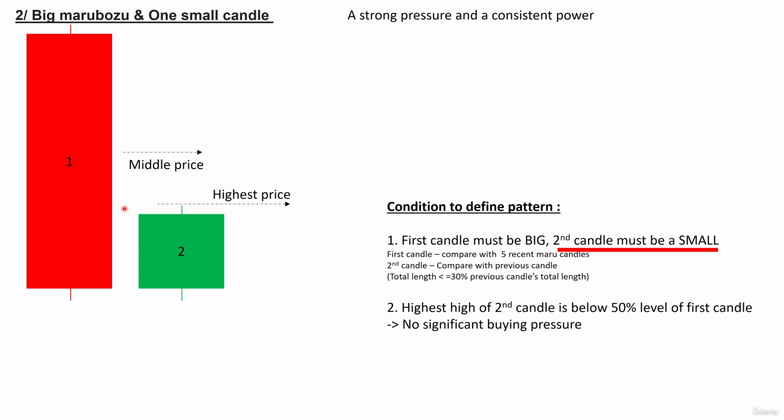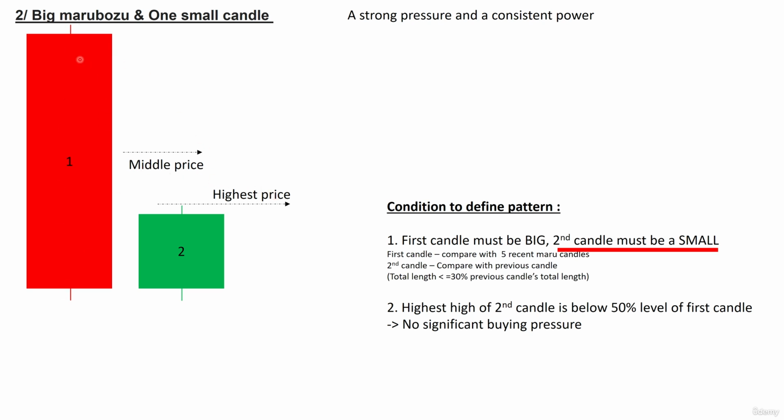To confirm that, even though we have buying pressure inside the second candle, because you can see the green color right here, the buying pressure inside the second candle is very small and we can skip it because you can see the total length right here is pretty small, right? And the next one is also the same. The highest high of the second candle here is always below the middle price of the first candle.